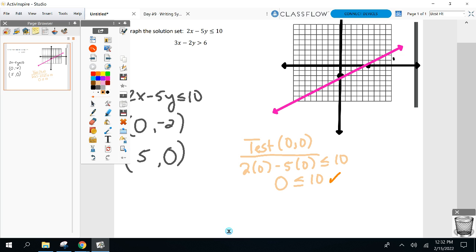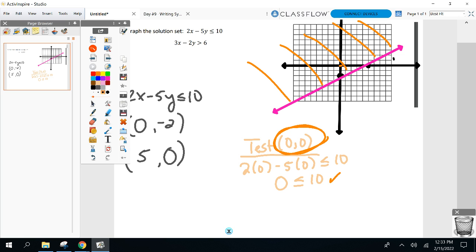So what does that mean? If that works, that has to be shaded. Do we know where (0, 0) is? Yeah. So that's got to be shaded. Above or below? Above.